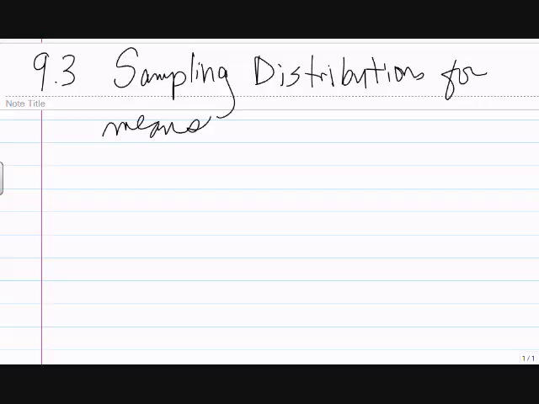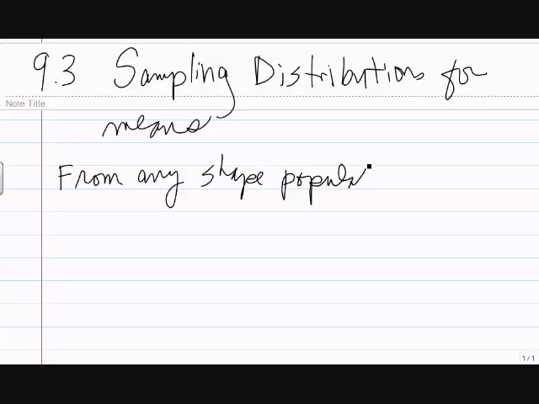All right, so if my population is of any shape, so normal or skewed or whatever, if the center of this we'll call mu, again, just like we've been saying all along, and our spread, of course, is going to be sigma.